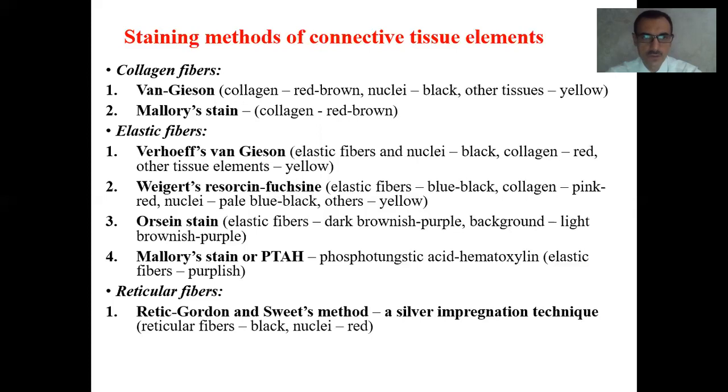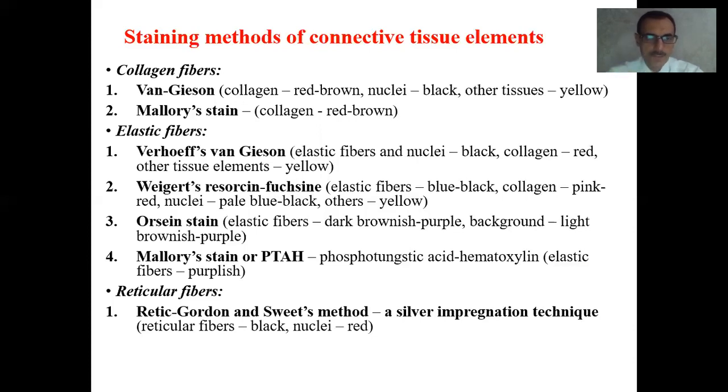For example, the Verhoeff-Van Gieson method and Weigert's resorcin fuchsin. In the Verhoeff-Van Gieson method, the elastic fibers and the nuclei stain black, the collagen red, and other tissues yellow.